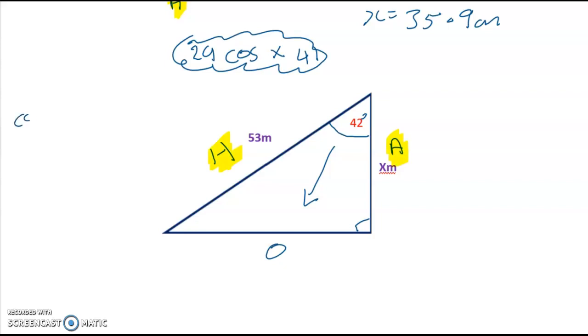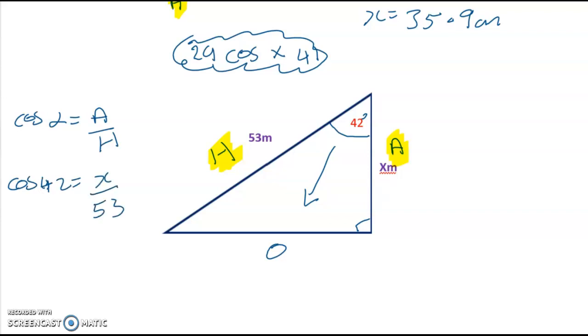So cos of alpha is equal to adjacent over hypotenuse. Substitute in our values. Cos of 42 is equal to the adjacent, which is x, over the hypotenuse, which is 53. Multiply both sides by 53, x is equal to 53 times cos of 42.